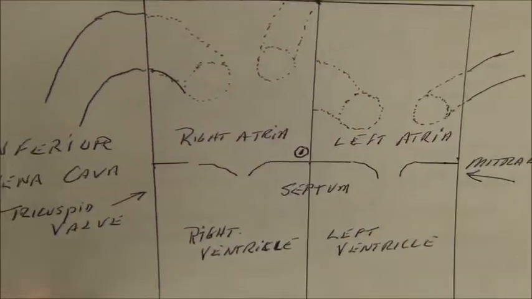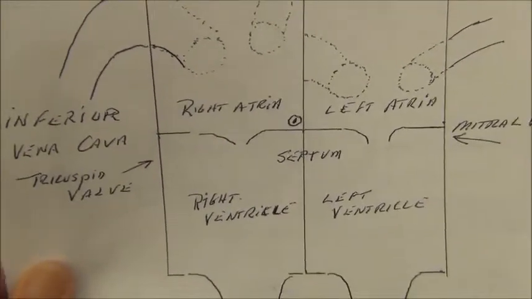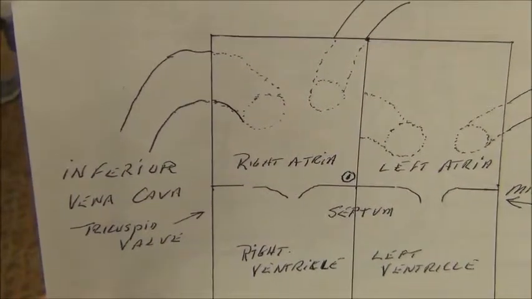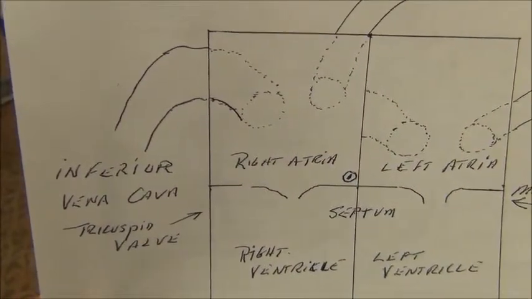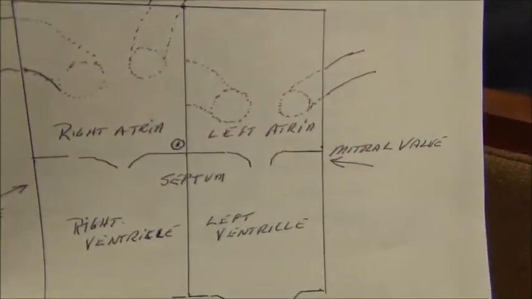It says sinoatrial node. The electrical impulse for controlling the heart rhythm resides in the right atrium. The impulse starts there and goes down the interventricular septum, that line that goes straight down the center of this drawing. There's no connection between the right and left this way.